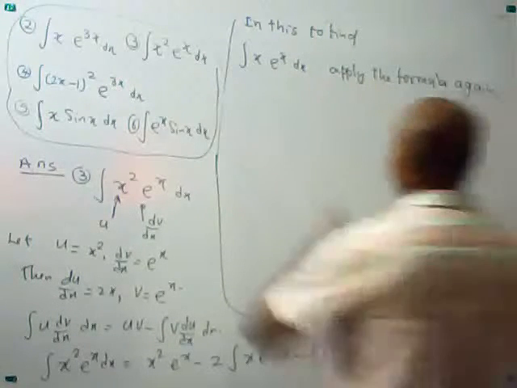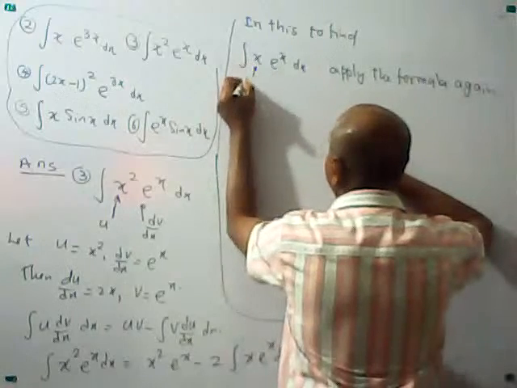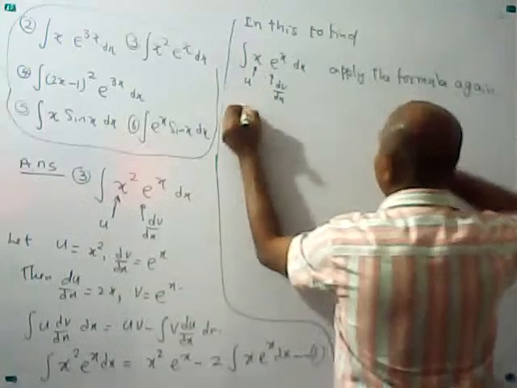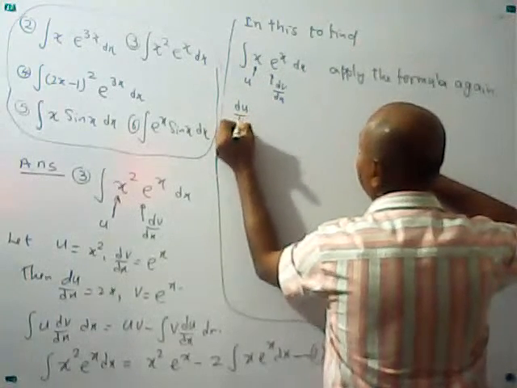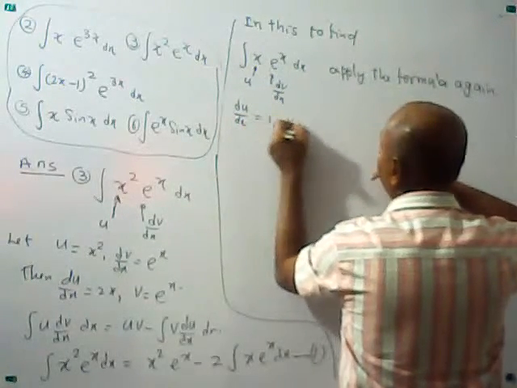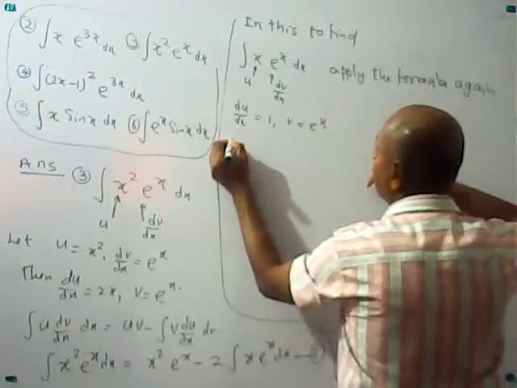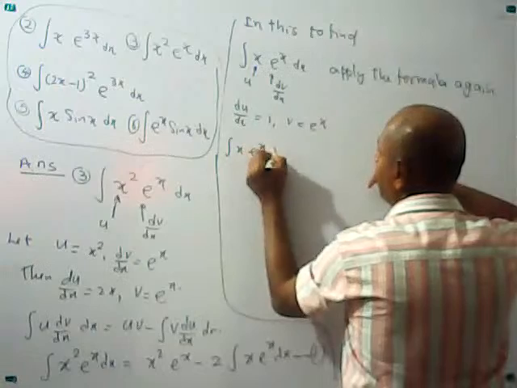So apply it again. Applying it again, this is taken as u, this as dv by dx. So du by dx is equal to 1, v is equal to e^x. You have seen this earlier. So x e^x dx.